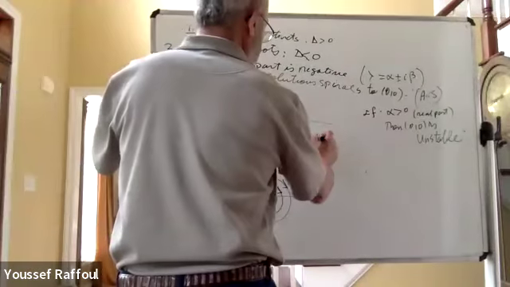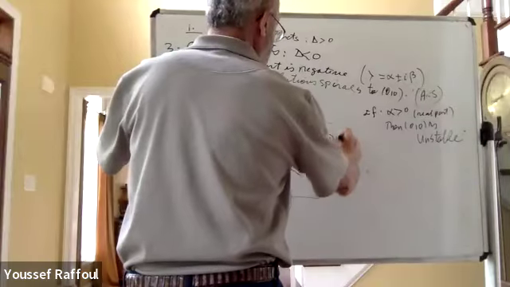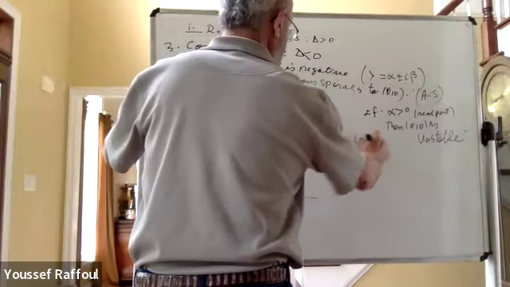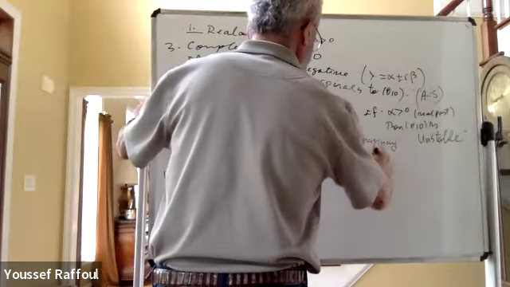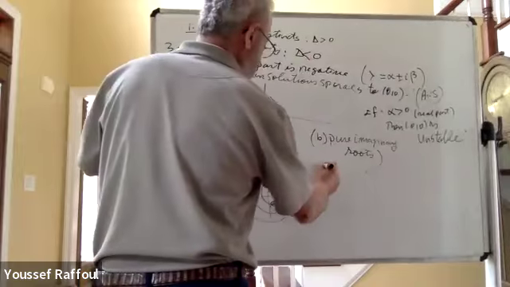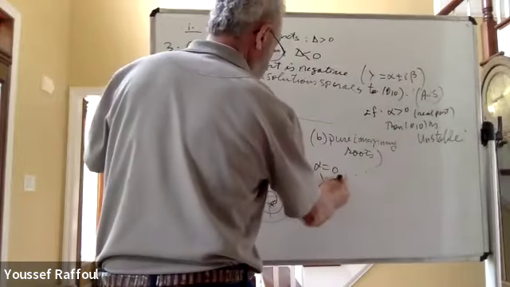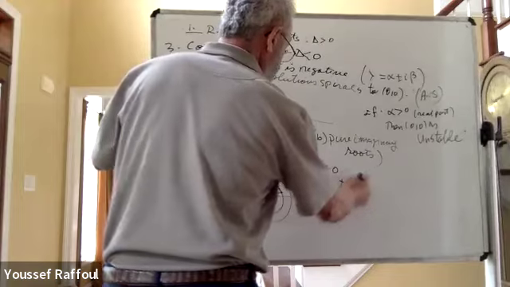Now, case B, pure imaginary roots. So that means alpha is 0. So lambda is plus or minus i beta.